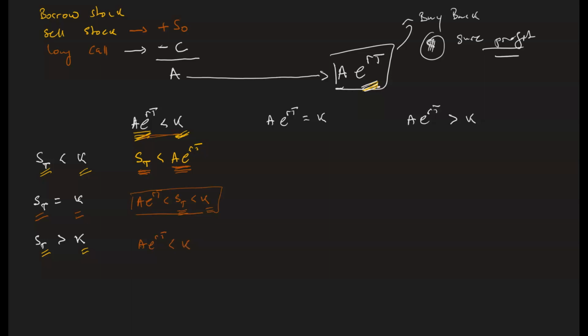That's what we have according to this expression. And so in this case, again, we don't have enough to buy the stock in the open market, and we also don't have enough to exercise the option. So there's also no arbitrage opportunity that exists here.